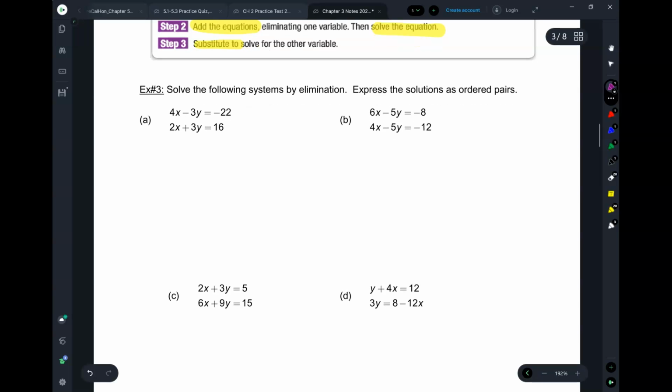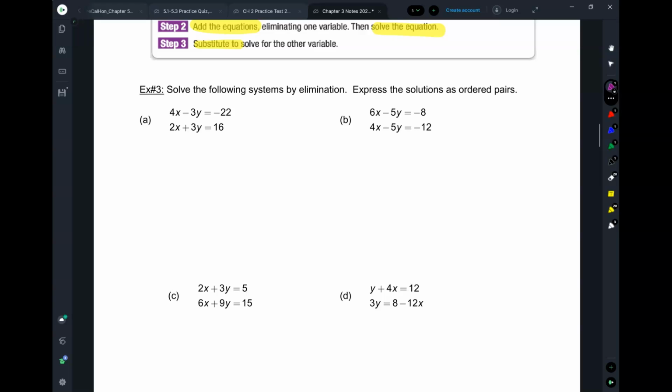Okay. So take a look at this one. It's already in the form that's screaming elimination, right? So that's the thing. When you see a problem, no one's going to tell you solve it this way or that way. You have to be able to recognize. So look at this one. You have negative 3y, positive 3y. That is like a prime elimination problem, right?